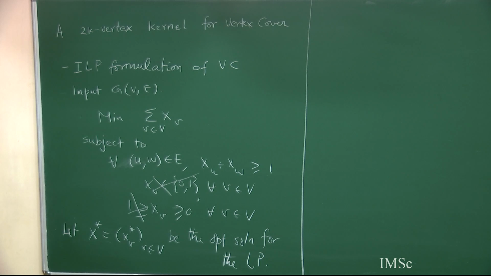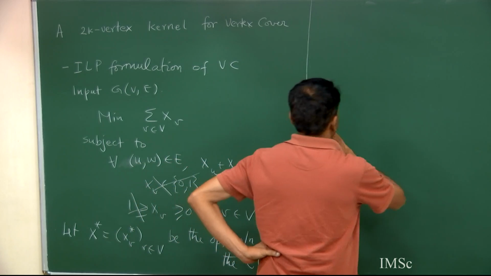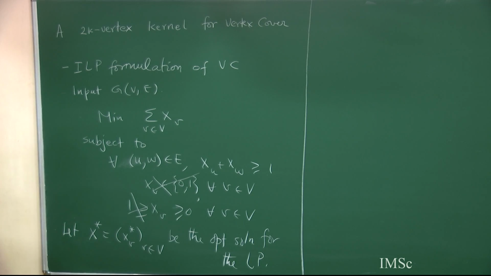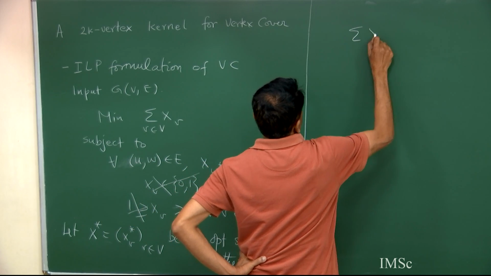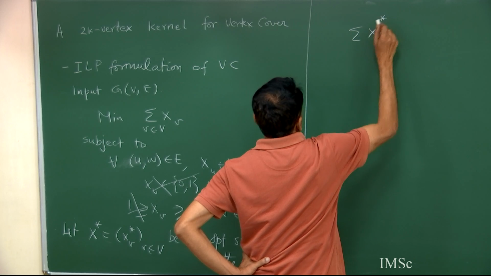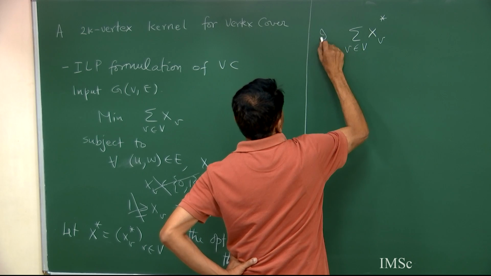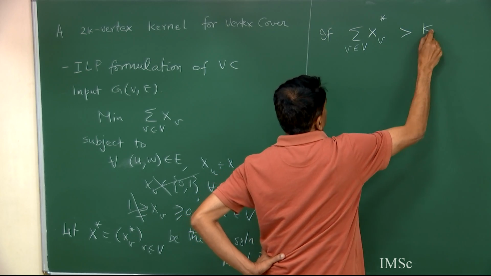Okay, and let's look at the summation of xv star over v in V. If this is more than k, what can you say?